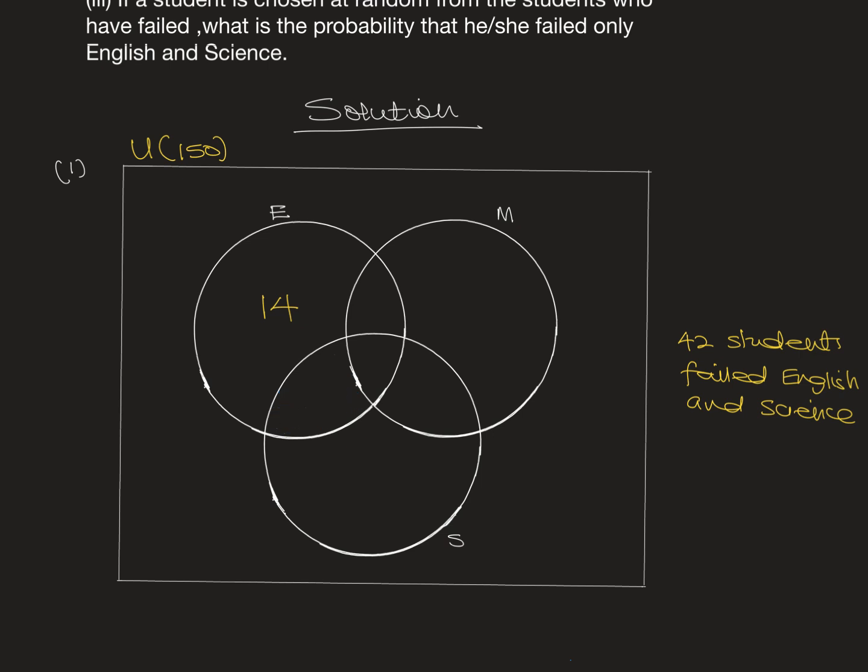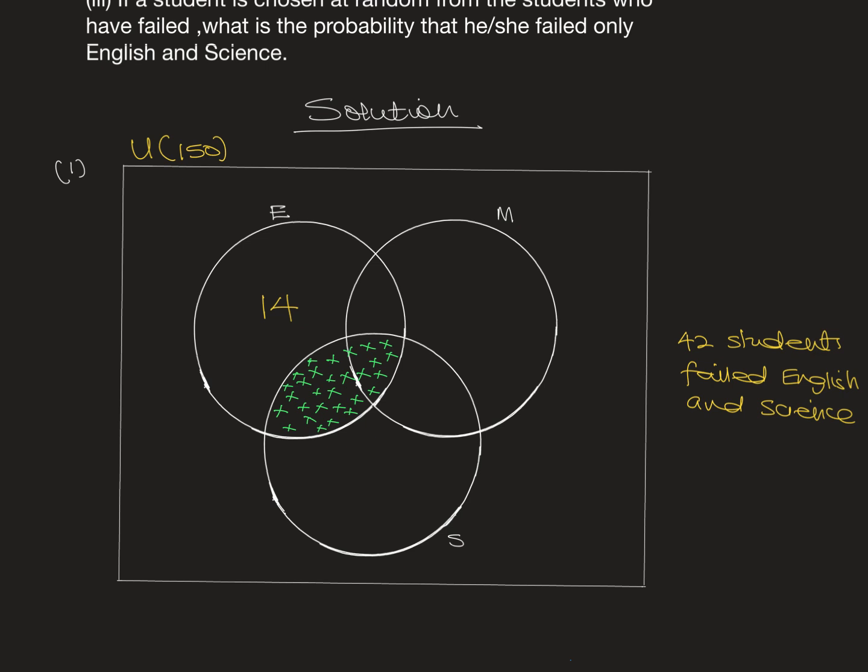And when we say English and science, that has to cover this entire region that I am marking with green. So that is why it is very important to be able to differentiate the two statements.